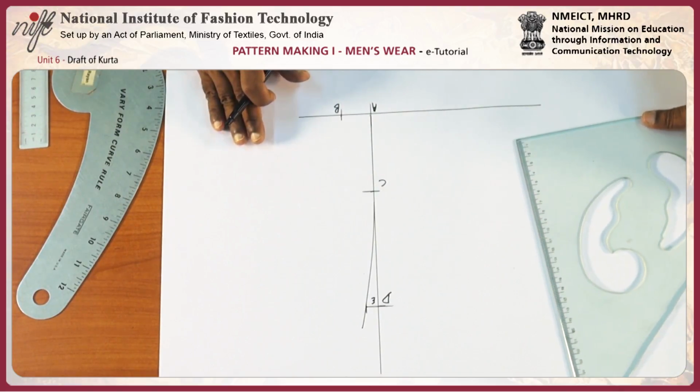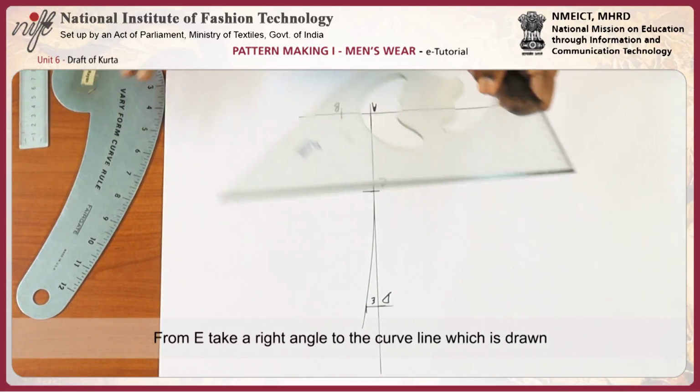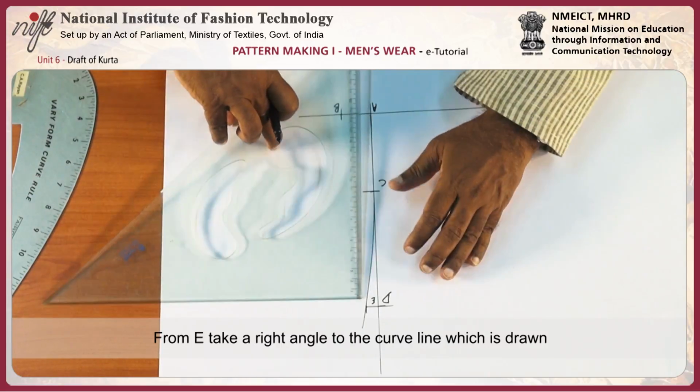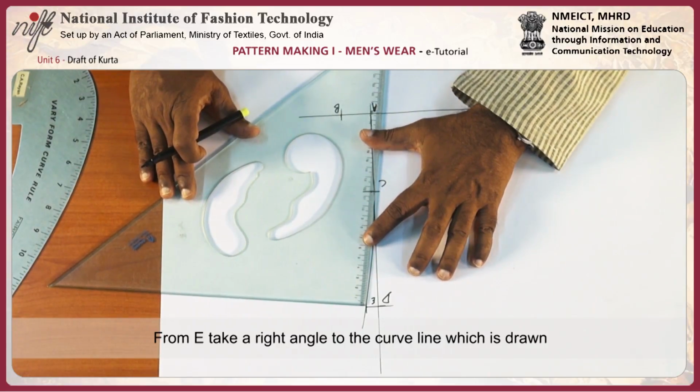From point E, take a right angle to the curve line which is drawn.